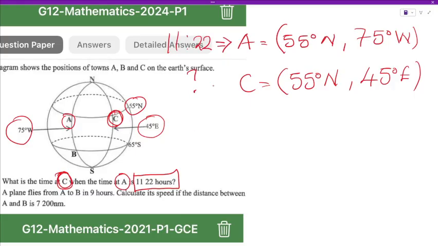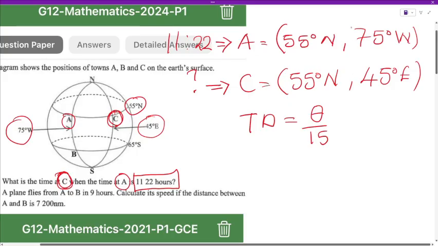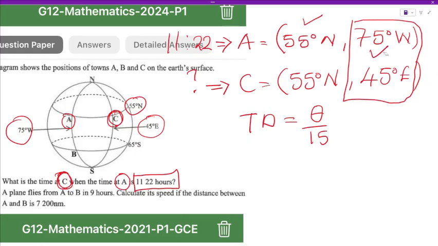You're trying to find the time at C. So the first thing you're going to do is use your time difference formula. TD is equal to theta over 15. But take note that you need theta here. We said for time your focus is on the longitudes. So these are the longitudes, these guys here. Remember the format, latitude and then longitude this side.